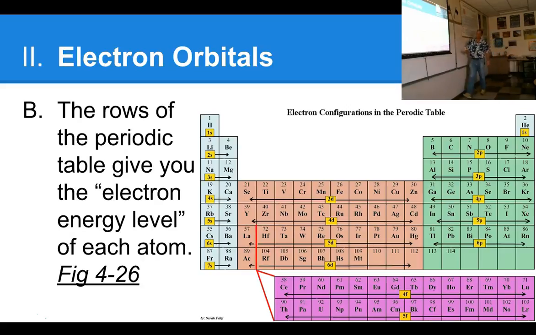I'm almost done. 7s, 6d, 5f, and that is the electron configuration for uranium. Hugely long, but all you have to do is just read straight across and list what you see. It's huge, but that's because this is element number 92. There's 92 electrons, so it takes a while to tell you where they all are.